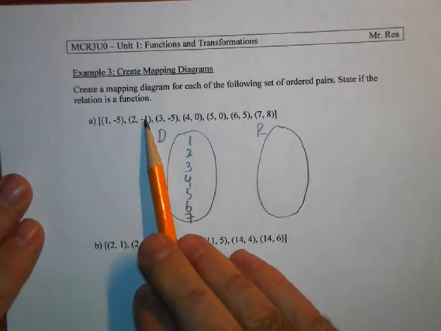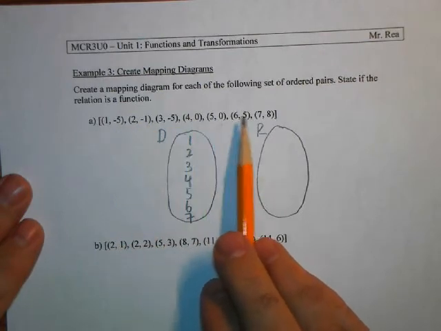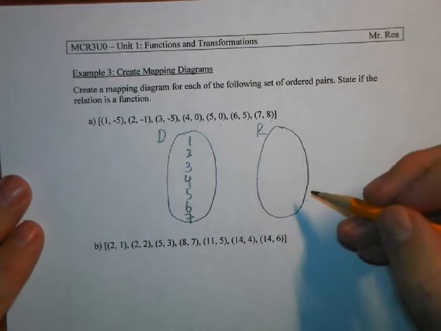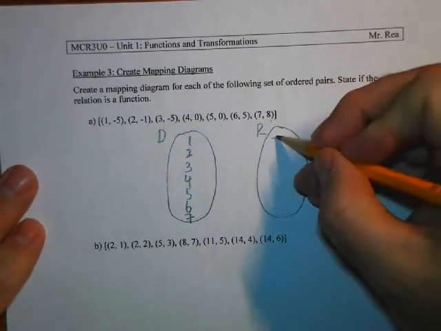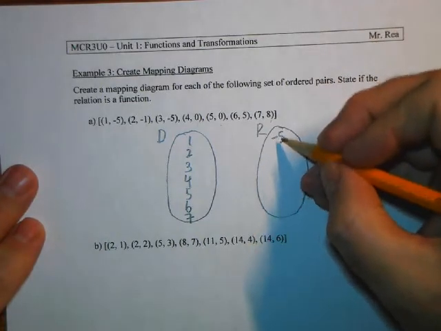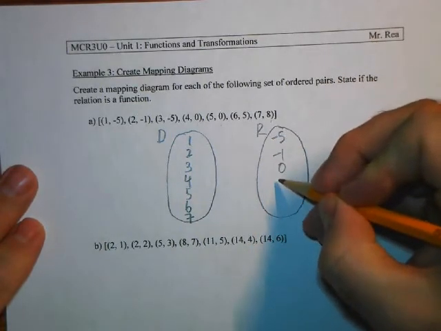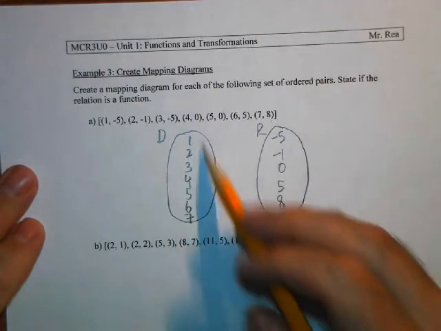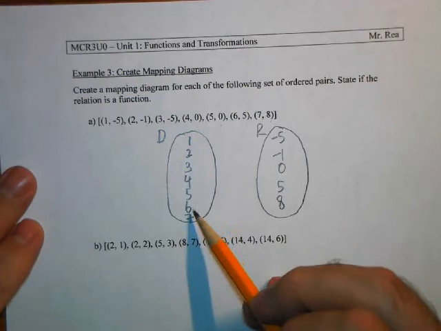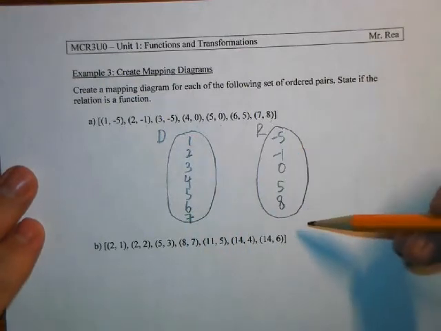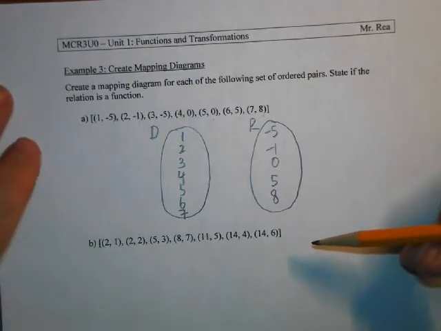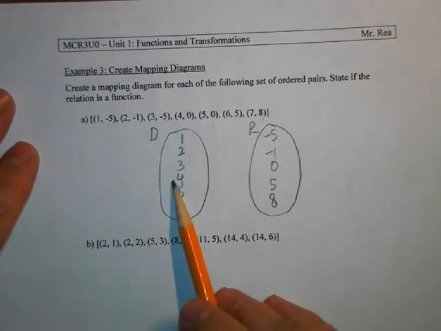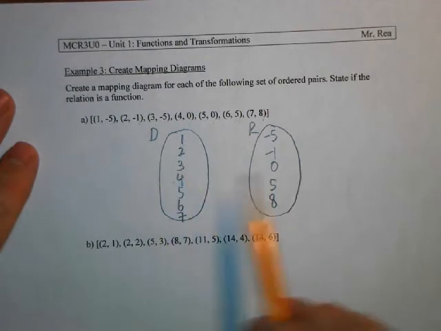I've got -5, -1, -5, 0, 0, 5, 5, and 8. If I sort those in order from lowest to highest, I'm going to have -5, -1, 0, 5, and 8. You can see I've got more values in the domain than I do in the range, and that is possible. You can have it both ways. There could be more in the domain or more in the range, or they could be all the same number.